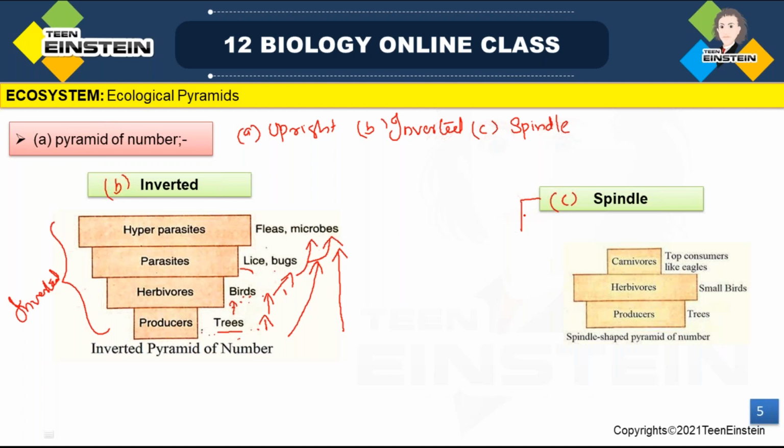In this, just for an example, we can see a tree that is supporting so many birds, herbivores, right? The tree is supporting birds, herbivores. So see here, the next level will be birds.